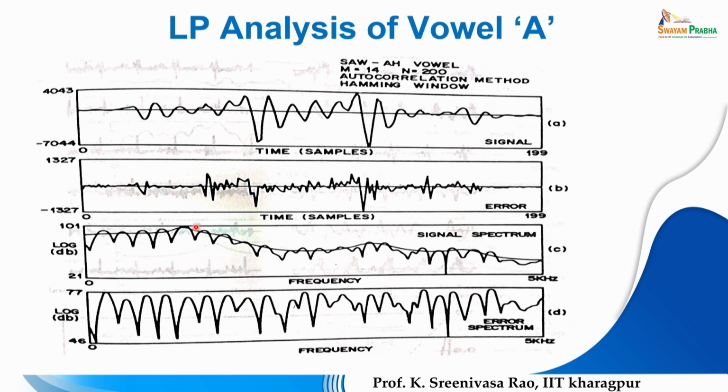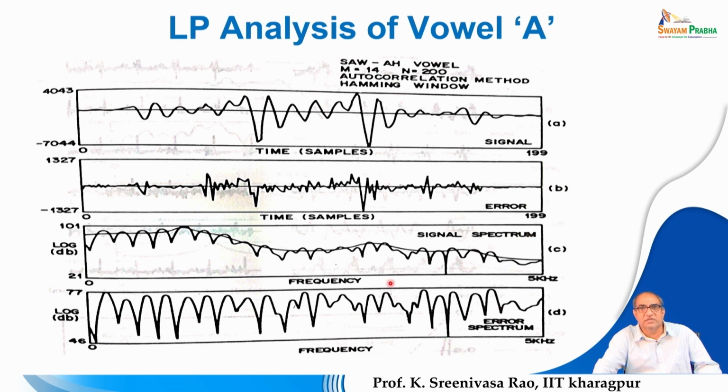So, you can observe that the spectral envelope almost follows the LP spectrum, because the LP spectrum we view as the characteristic corresponding to the vocal tract filter. As a response of the vocal tract filter alone, you can see a smooth spectral envelope, whereas if you look at the signal spectrum, you can see the characteristic almost follows the same trend as the LP spectrum, but it contains the ripples.